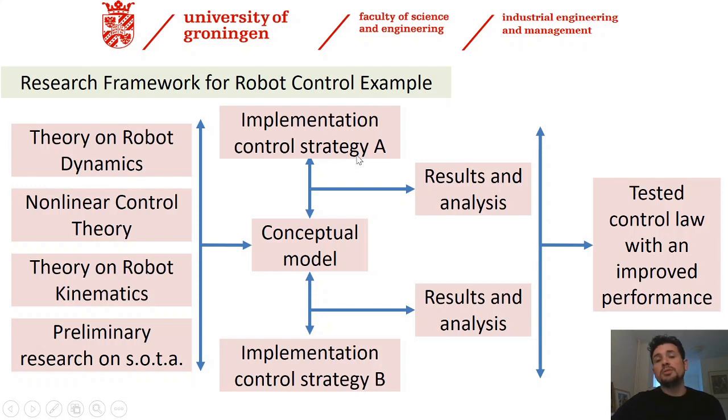We can have, for instance, two strategies, strategy A and strategy B. We can even compare a nonlinear approach with a linear approach in terms of efficiency, in terms of energy consumption. Those results should be analyzed. And finally, we can decide if our proposed control law will have better performance than the state of the art.